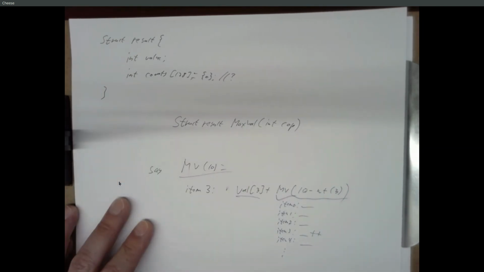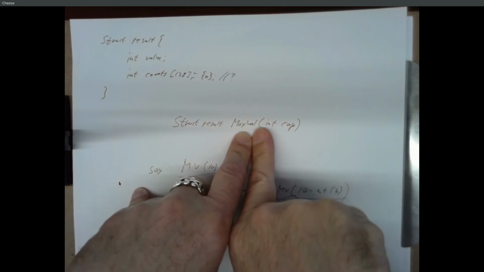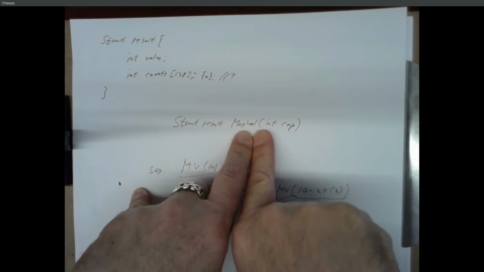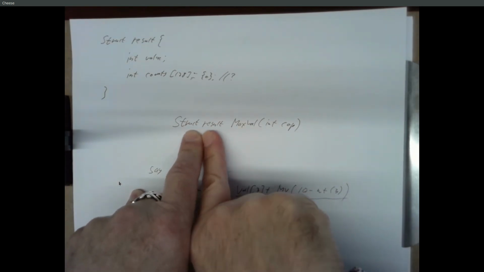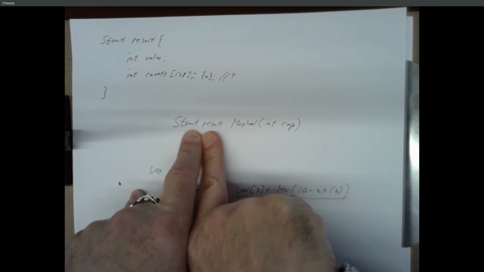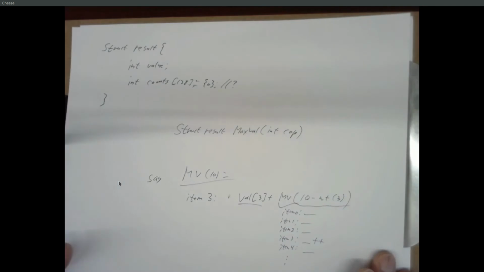Because we're using this memory to save us from having to actually call maxval, and maxval returns a struct result, so your save array has to have struct results in it also. Otherwise, you don't know what the inventory is for each of your subcalls. So you have to update your save array, and then you have to change maxval to return a struct result.